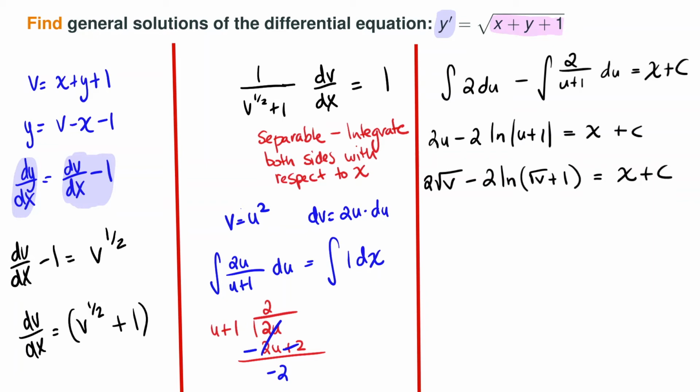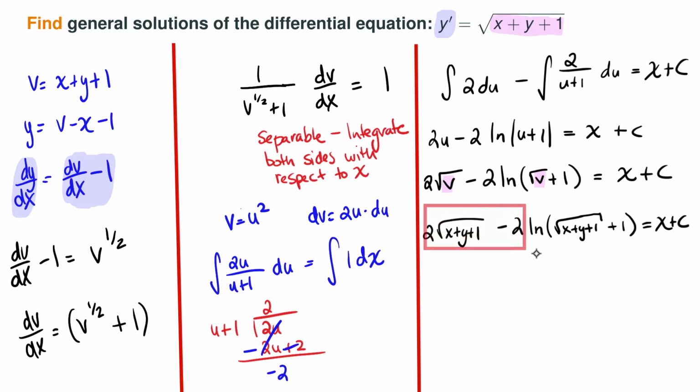V started off as our original expression, x plus y plus 1, so we get 2 times the square root of x plus y plus 1 minus 2 natural log times the square root of x plus y plus 1, all plus 1, equals x plus c. And that will be our solution to the differential equation.